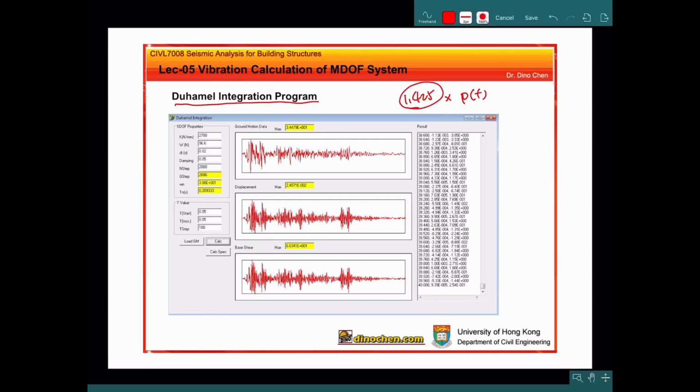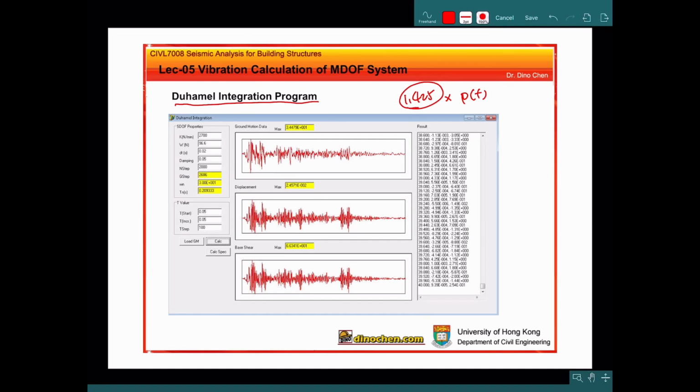So we need to scale up or scale down the ground motion to capture the real result. Or you can use another idea, not to scale the data afterwards, but it's almost the same, but beware the step. The better solution is you put this scale factor before the integration calculation.